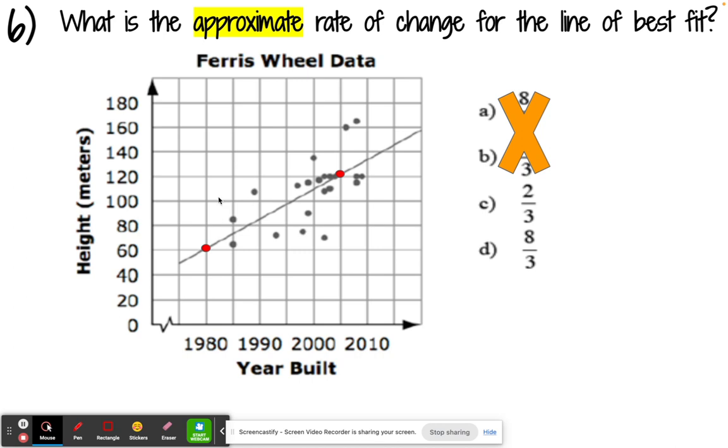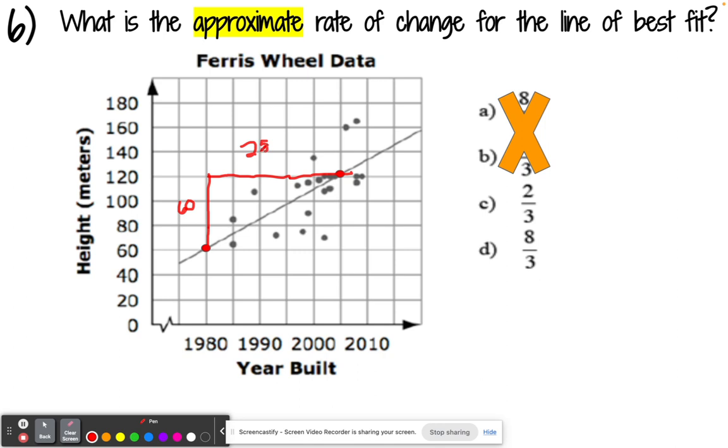But you have to pay attention to the scale. The scale on my y-axis is going up by 20. So this would be 20, 40, 60. And this way it's changing by 5s. 5, 10, 15, 20, 25.